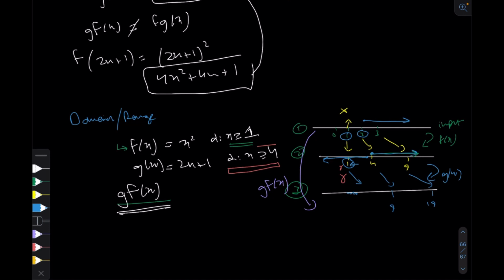If you get an output that is greater than 4, then g of x will be able to work on it, and g of x will produce some output that will be greater than or equal to 9, right? So by this explanation, you can tell that the domain for this will be values greater than or equal to 2, right?